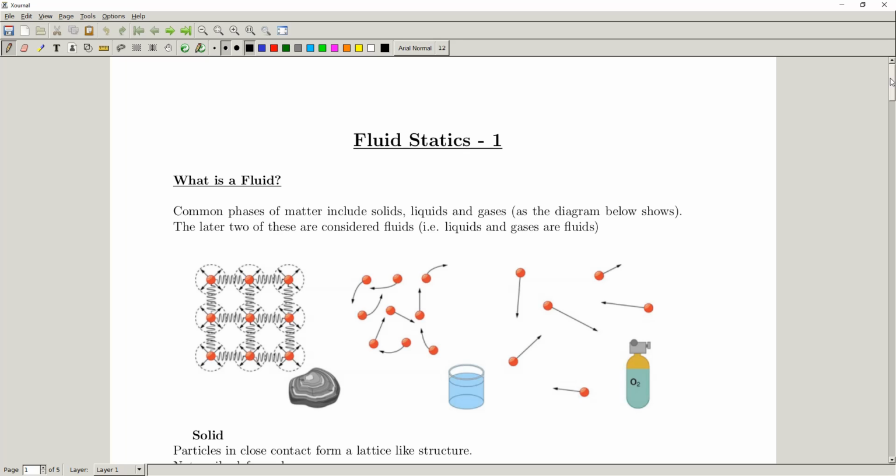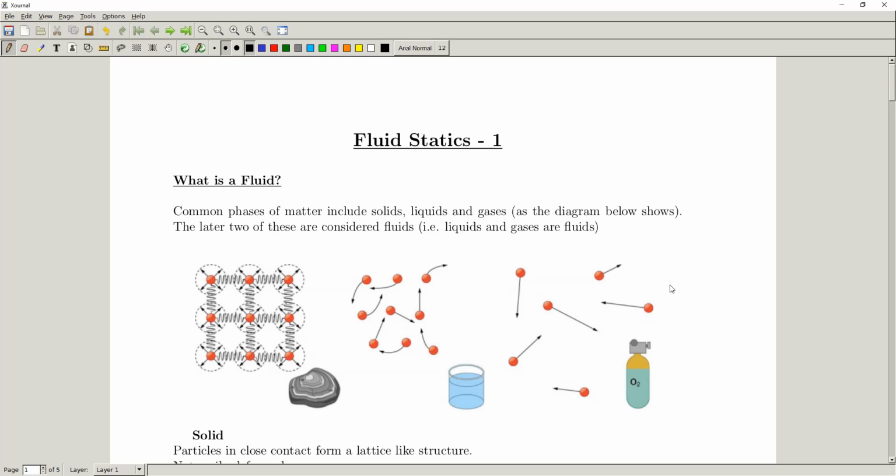But just very quickly, if we think about the common phases of matter, solids, liquids, and gases, I have this nice diagram from the text just below. We can see the way that these look, right? So we have our solids over here, our liquids here, and our gases over here on the right.